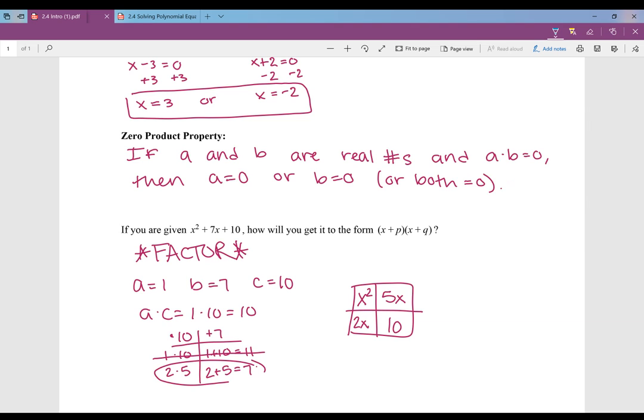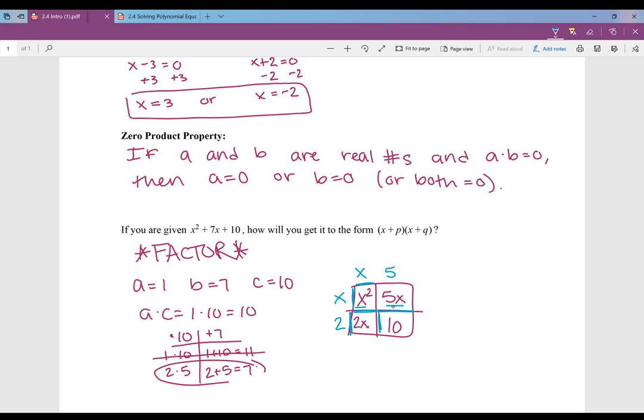So now if we factor, what's our greatest common factor between x squared and 5x? Well, that would be x. And if that side's x, what's this top side need to be to get x squared? X. If that side's x, what does this side need to be to get 2x? It would need to be 2. If that side's 2, what's this side going to be to get 10?